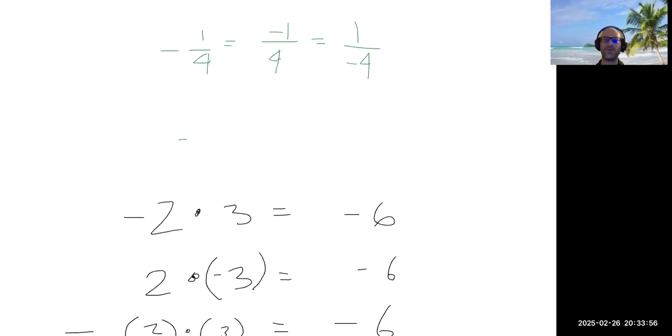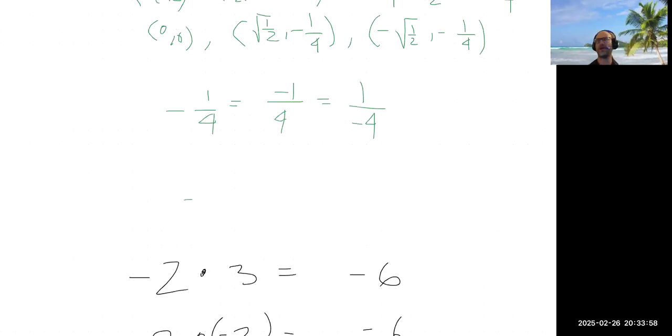If you have a negative in the numerator and a positive in the denominator, the result is negative. If you have a positive in the numerator and a negative in the denominator, the result is negative, because if it's one of each, the result is negative. So any of those is correct.